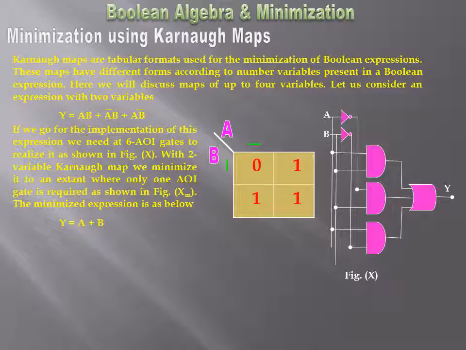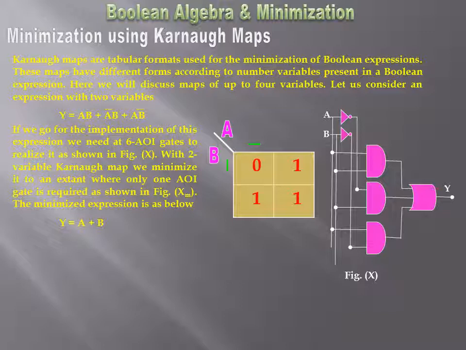A variable represents columns, the first column, the left column, is A naught and the right column is A, and in a similar way B represents the rows, B naught as the first row and B as the second row. So all these terms have their own cells in this Karnaugh map.